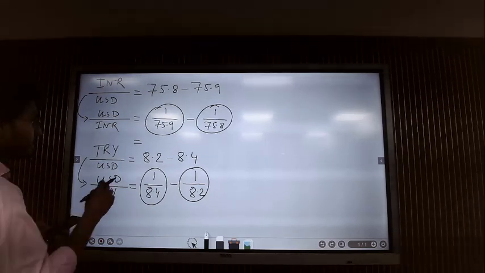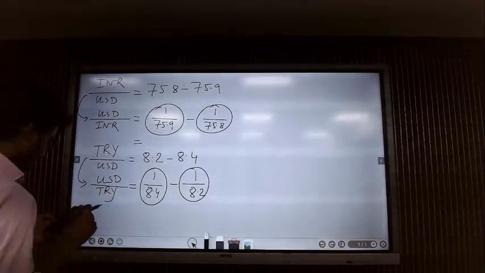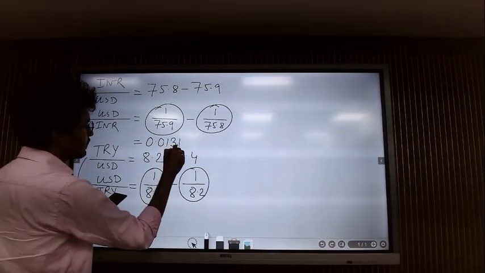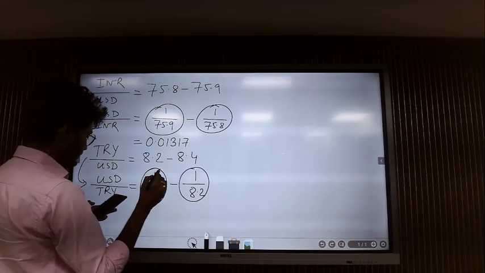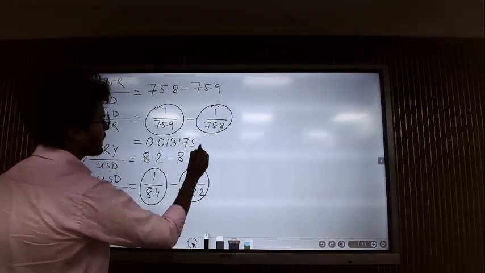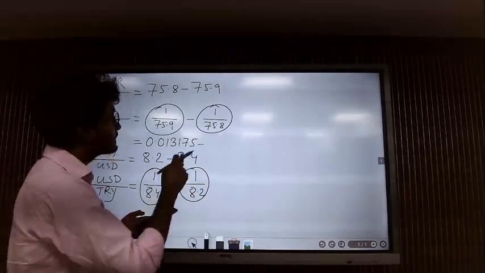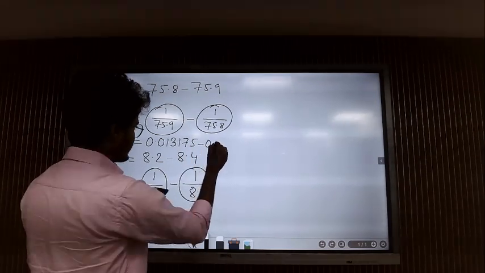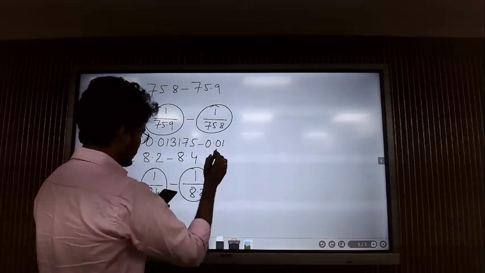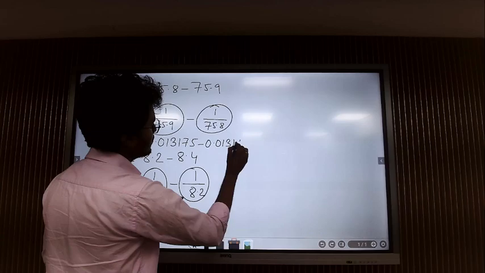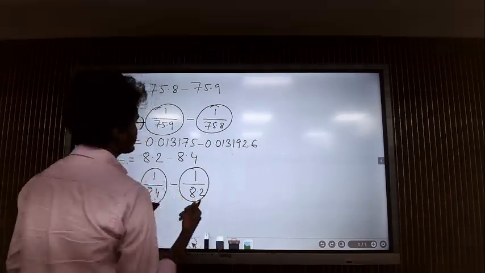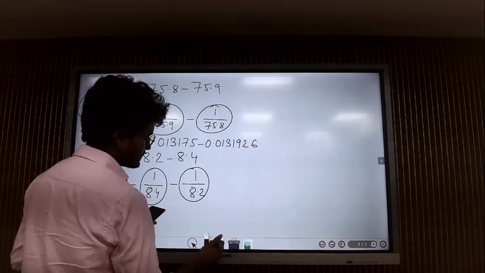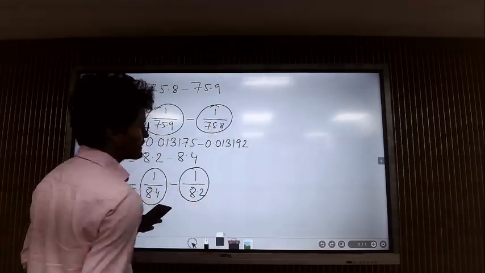1 by 75.9 is 0.013175, and 1 by 75.8 is 0.0131926. Here after the point there are 6 digits, so this extra digit is not required.